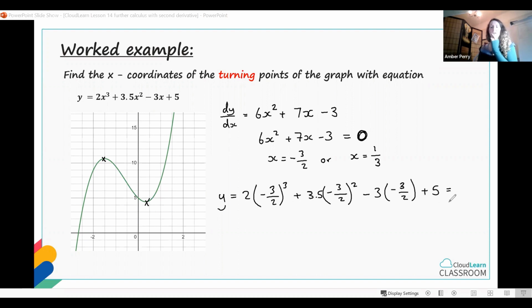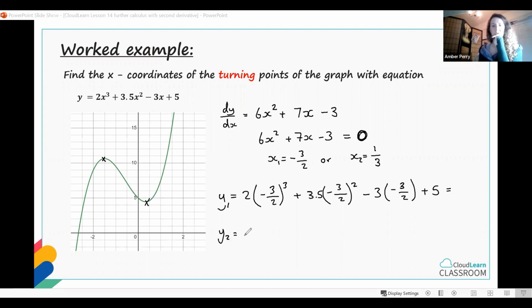So you would get one turning point there. I'm going to call it Y1 for ease, because it's easier to tell them apart by saying this is X1 and I put X1 into Y1, and this is X2 and I put X2 into Y2.